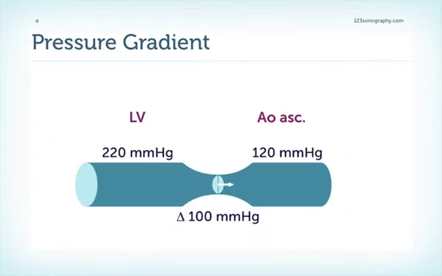In heart catheterization or with Doppler, we can actually measure the pressure gradient or pressure difference between the left ventricle and the aorta ascendens. Now look at the high pressure the left ventricle has to achieve to get a normal blood pressure in the aorta ascendens if you have severe aortic stenosis. So this is actually the pressure gradient.